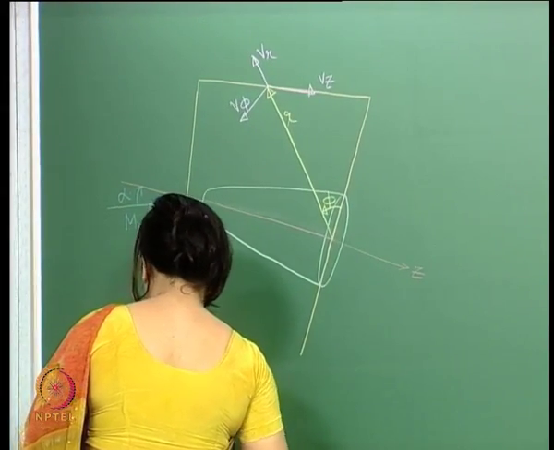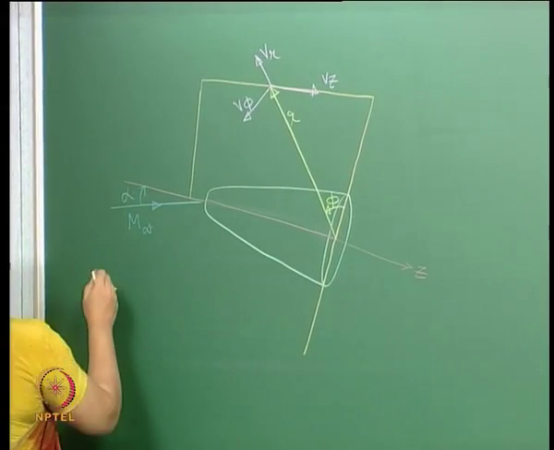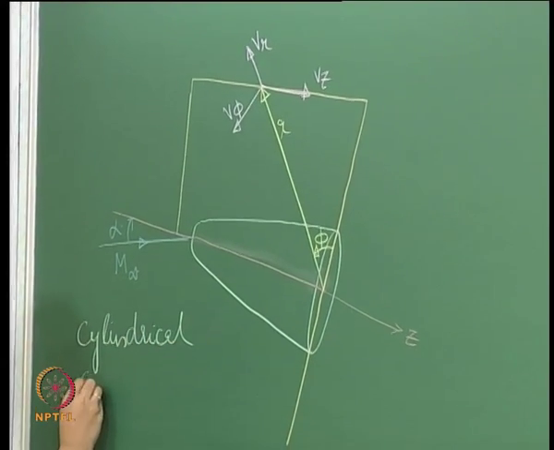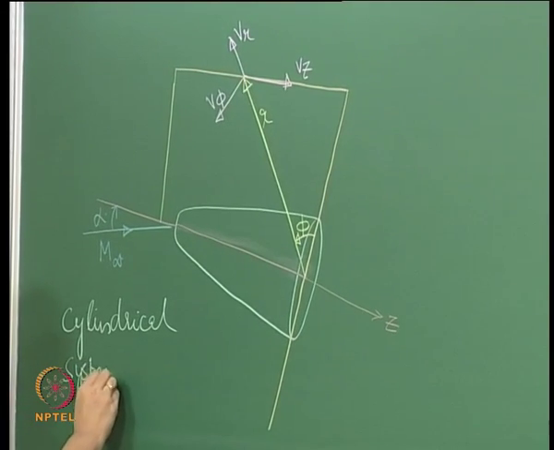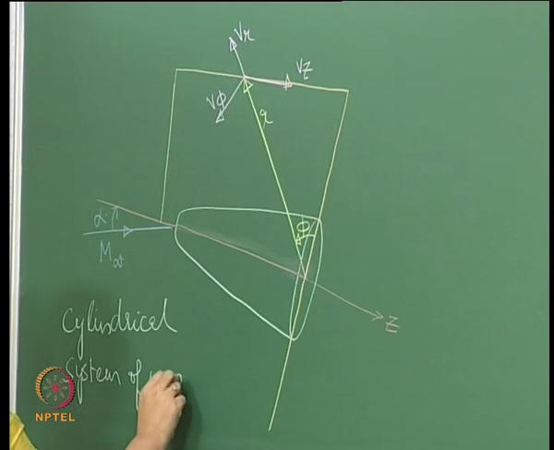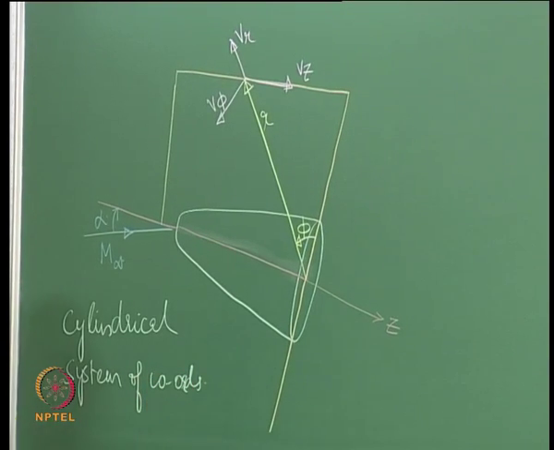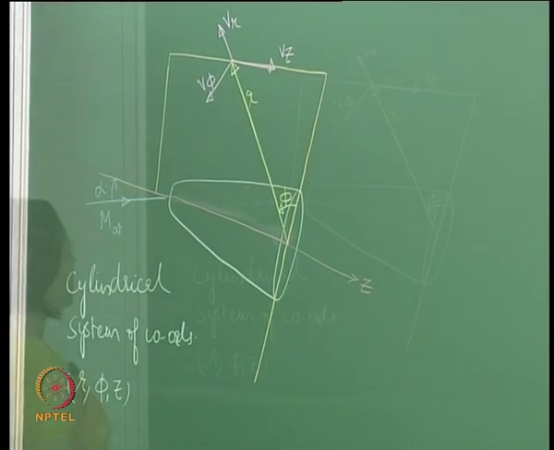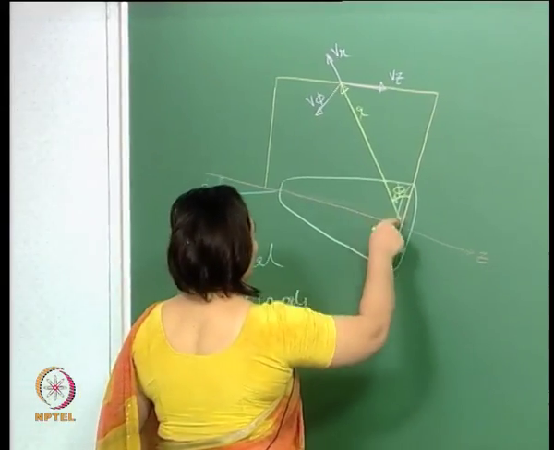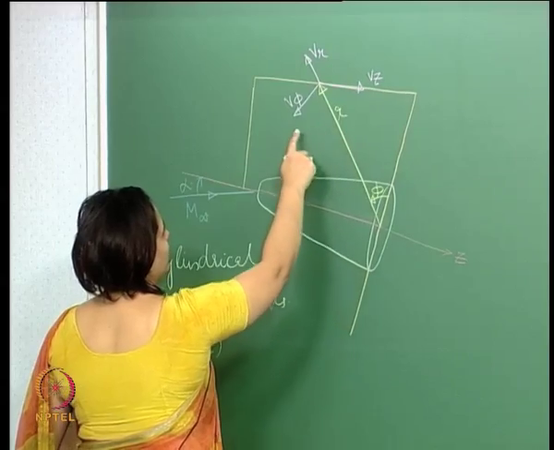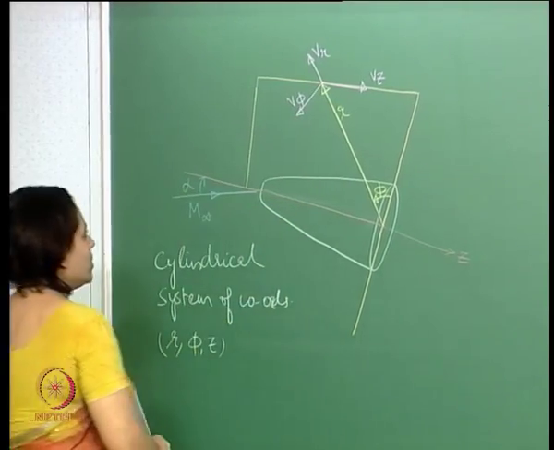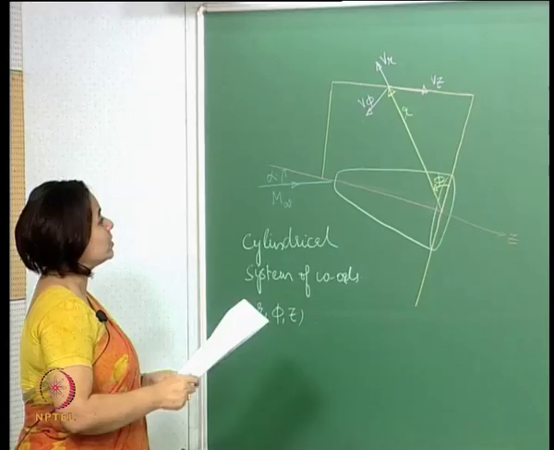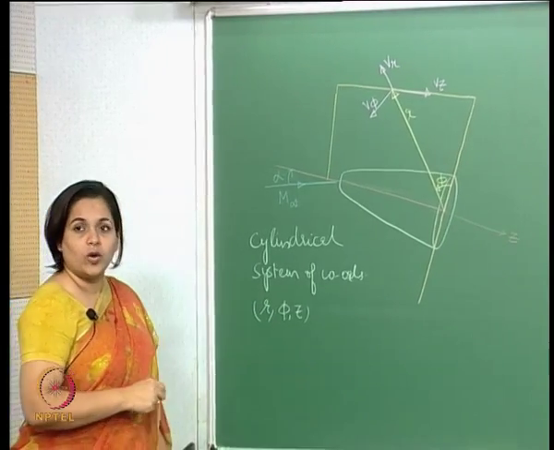So this is what we are looking at, a cylindrical system of coordinates: basically R, phi, and Z. So let us see, therefore, if I were to write out the governing equations in this system of coordinates, what that would look like.